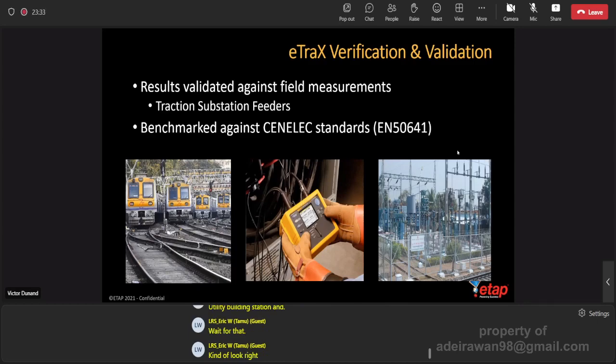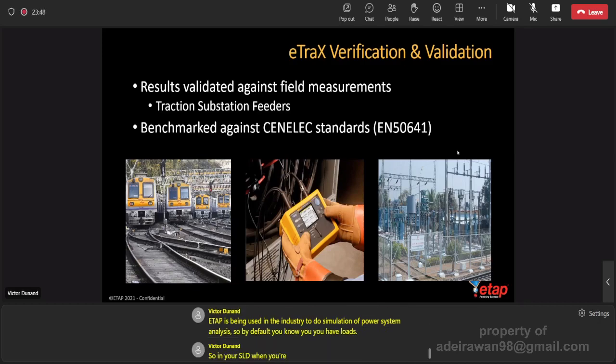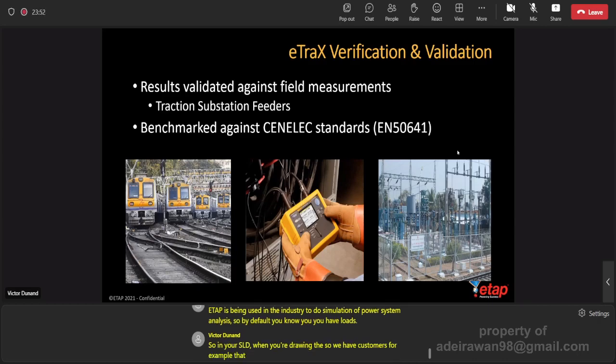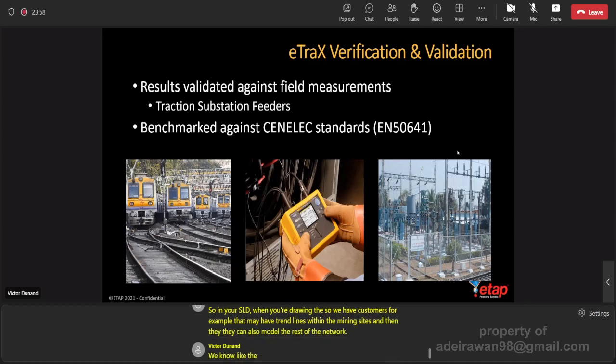eTrack is a module that we build on top of ETAP. ETAP is being used in the industry to do simulation of power system analysis. So by default, you have loads. So in your SLD, when you're drawing, we have customers, for example, that may have train lines within the mining sites, and then they can also model the rest of the network with the rest of the operations, including motors and loads.